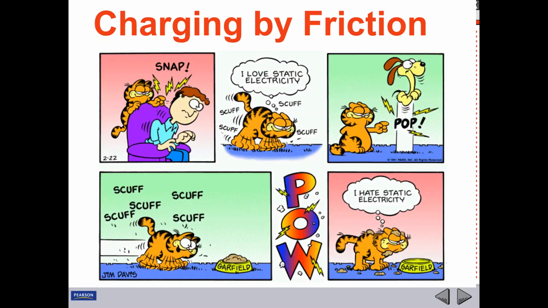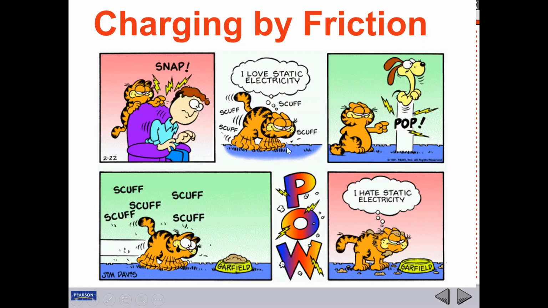So here, Garfield goes and scuffs his feet on the ground. And what he's doing is he's collecting the negative electrons from that carpet onto his feet. And then he goes up and he touches Odie, the dog, and boom, that electric charge is transferred to him.